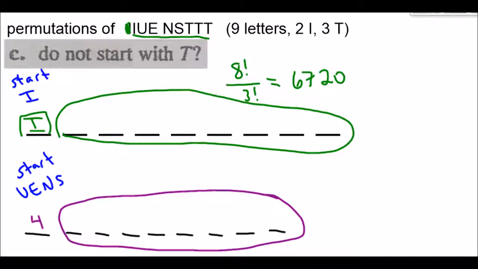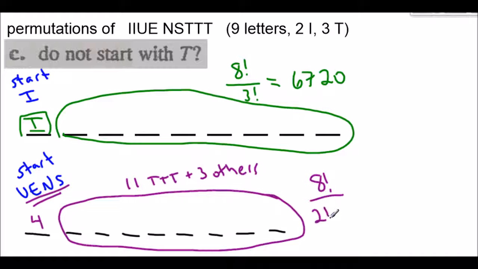And in those 8 spots will go 2 I's, 3 T's, and the 3 letters that were left over. So of these 4, 1 of them goes here, and 3 of them go into the rest of the positions. So that's a total of 8 things, but 2 of them are I's, and 3 of them are T's.